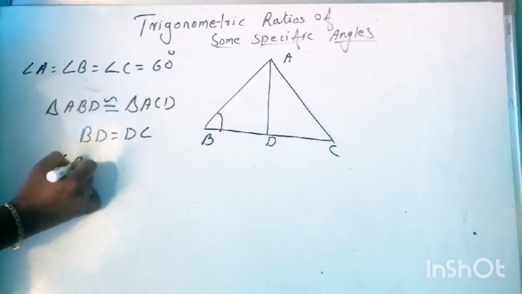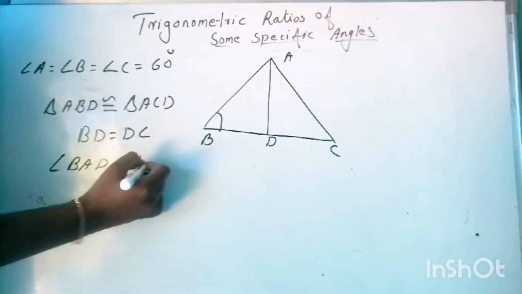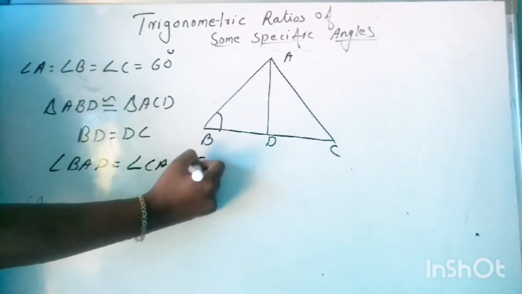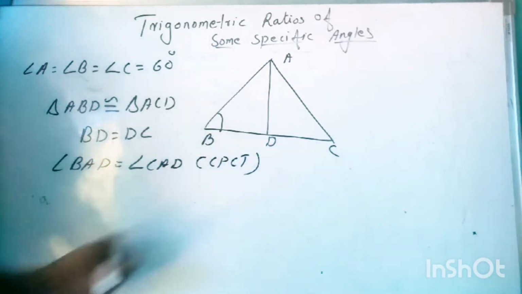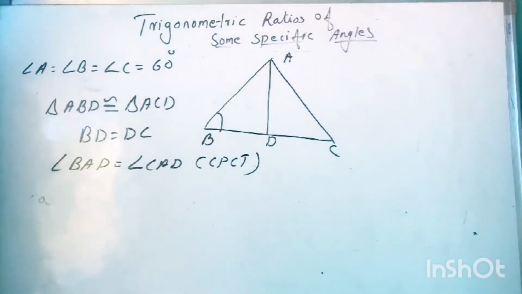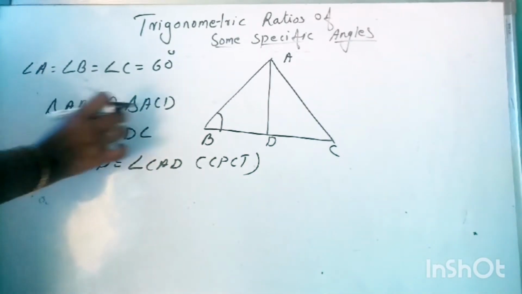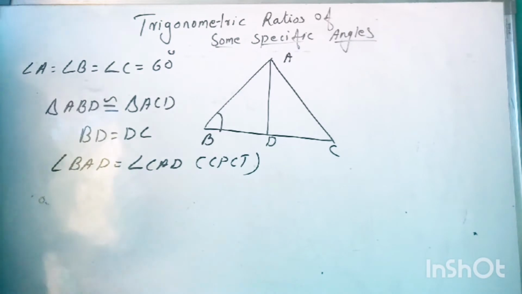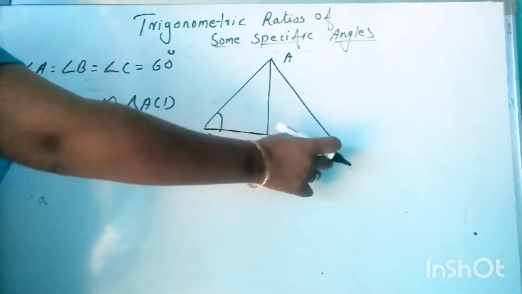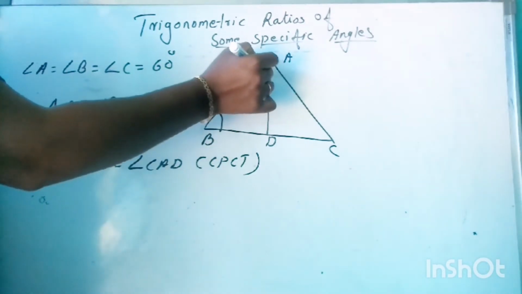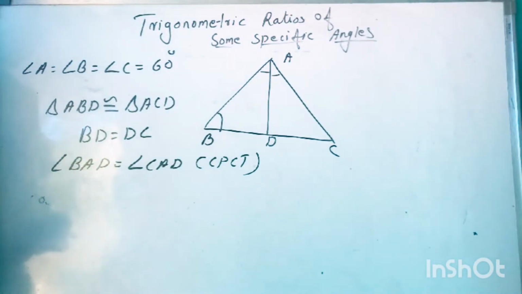Therefore, angle BAD is equal to angle CAD by using CPCT. Since these two triangles are congruent, BD equals DC, and these two angles are equal by using CPCT.